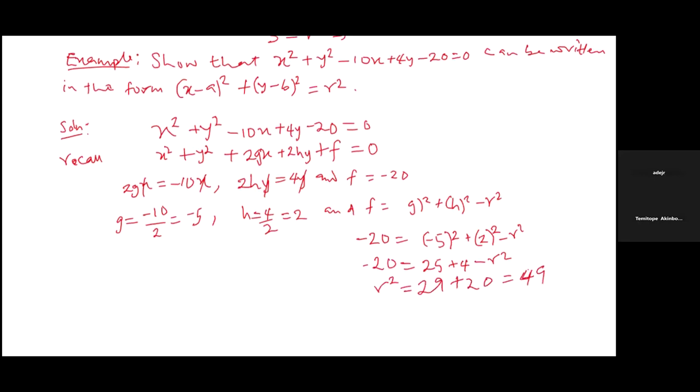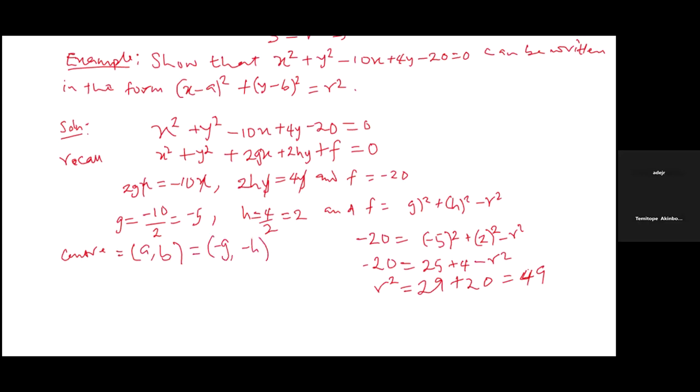Now, what's the relationship between a and g, h and b? Remember that in the form that we have, we say the center is a comma b, which is the same thing as saying minus g comma minus h. Am I communicating? Yes, sir.